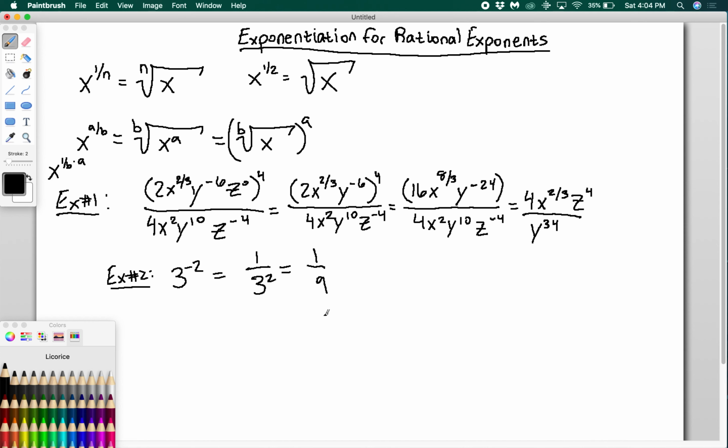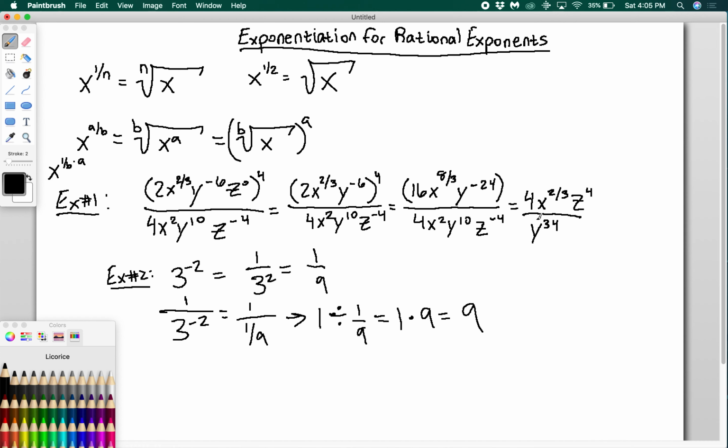But if I have 1 over 3 to the negative 2, and this is what I was just talking about, where if you have a negative exponent in the denominator, you bring it up, then this is really equal to 1 divided by 1/9. And remember, to divide two fractions, you multiply by the reciprocal. So this is 1 times 9, which is 9. So in this case, you bring it up. In this case, you bring it down. And that's how negative exponents work.